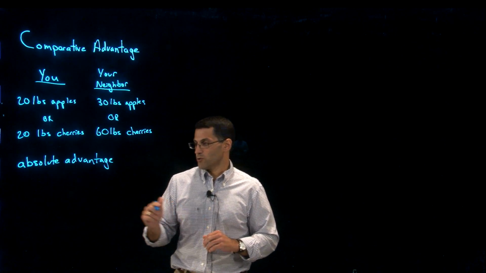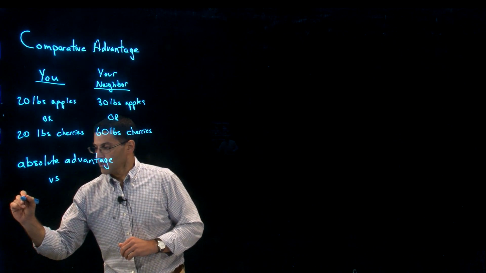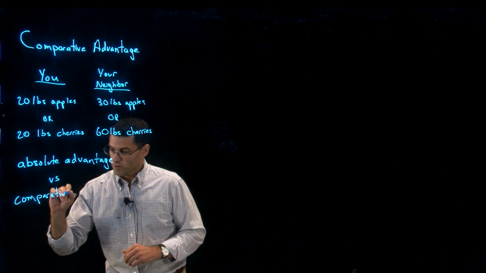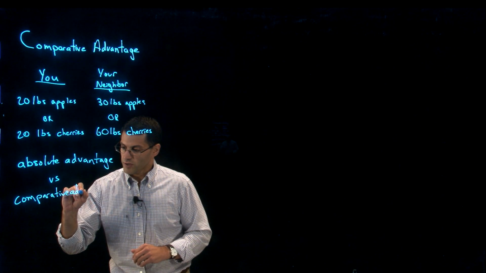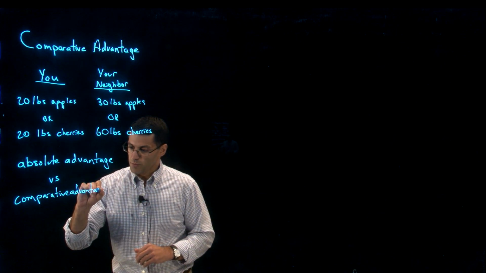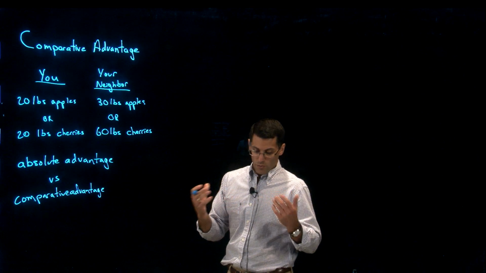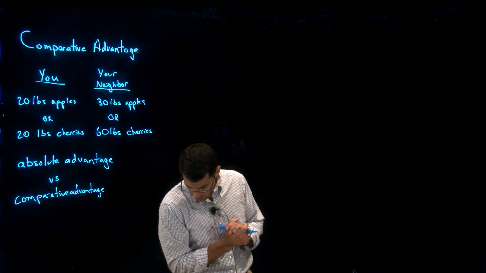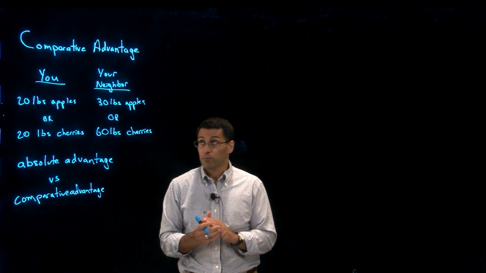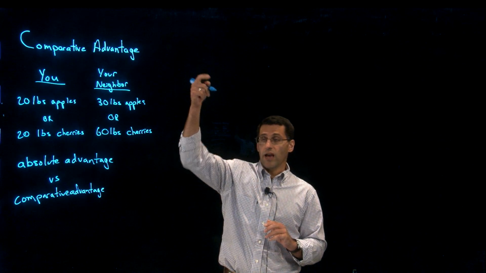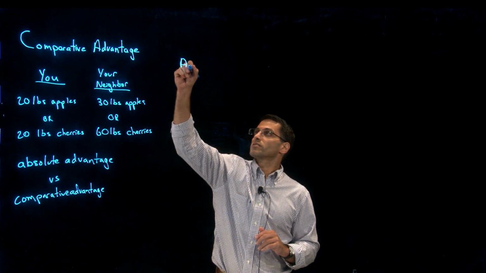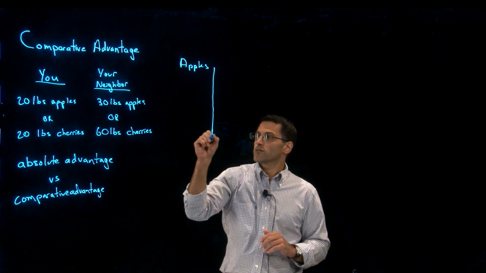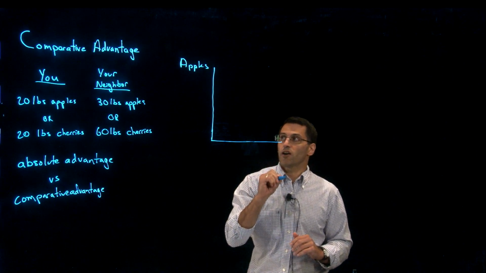We're concerned with the notion of comparative advantage. Comparative advantage is determined by comparing opportunity costs of production. So here we're going to make use of our PPFs. And so to follow the example in the textbook, we are going to put apples up on the y-axis and cherries down on the x-axis.